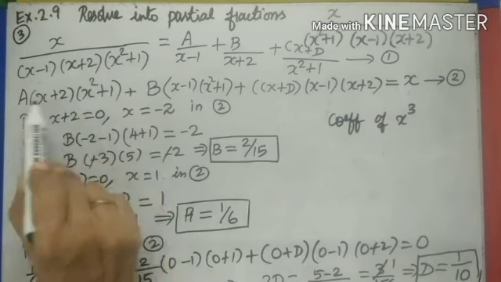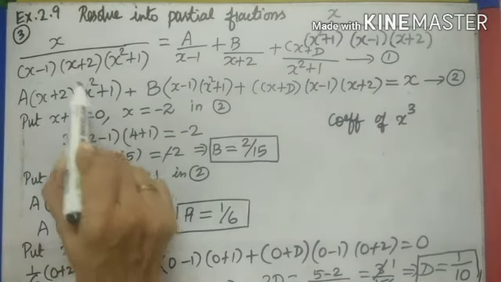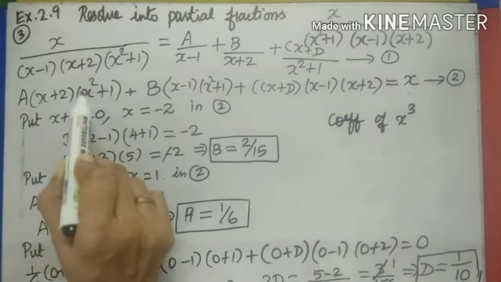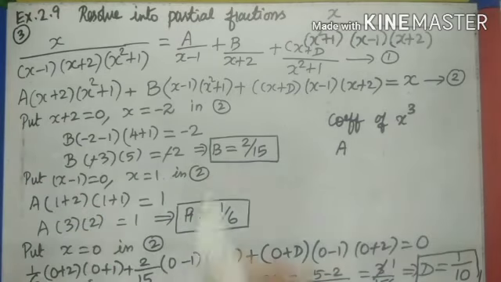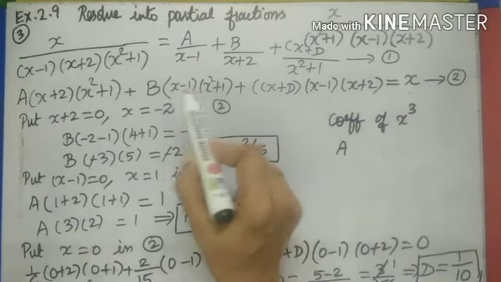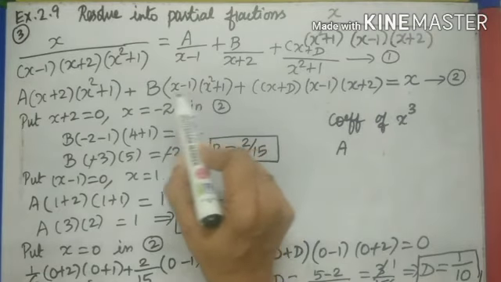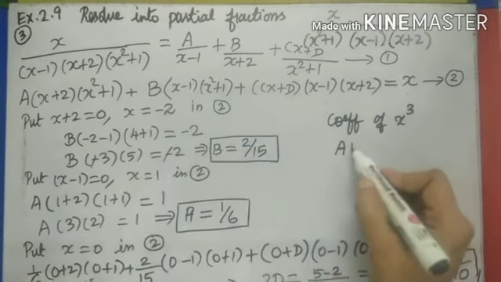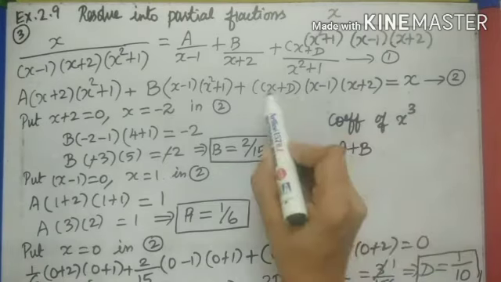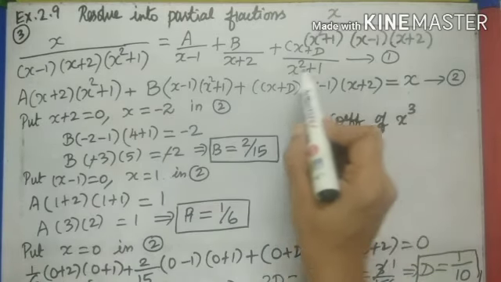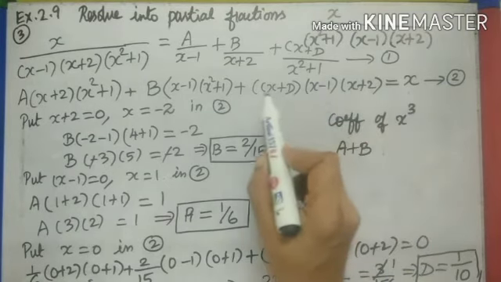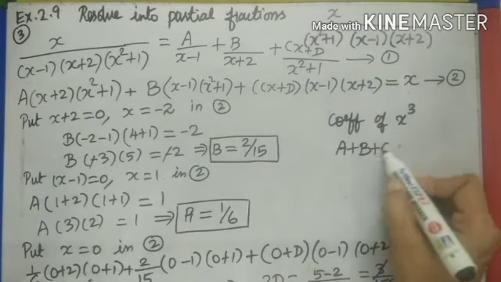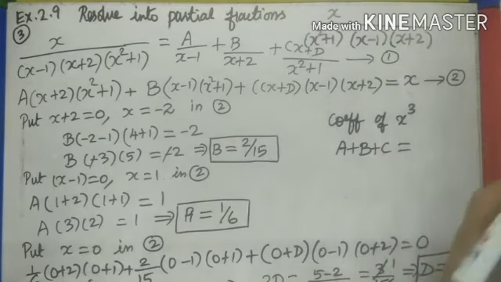X into x square, I get x cube, so the coefficient is A. X into x square, I get the coefficient of x cube as B. X into x cube, the coefficient is C. On the right hand side there is no x cube, means 0.